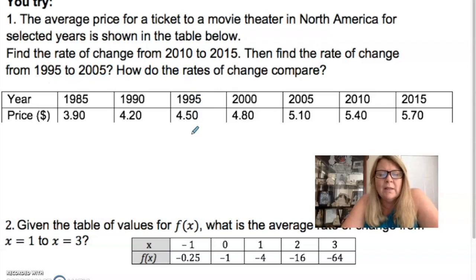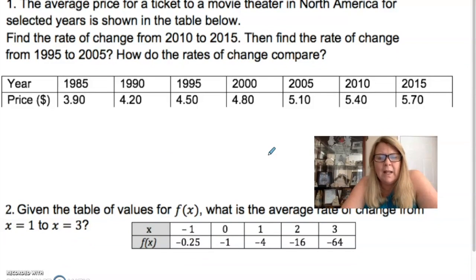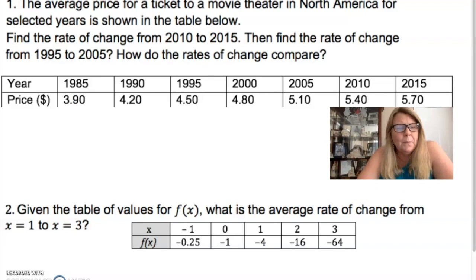So compare those rates of change and answer the questions about those. And then on the one below, it just gives you a table and it asks you to find the rate of change for each one of those. Okay, I'll pause and you take a few minutes and answer those questions and check your U-Try answers.